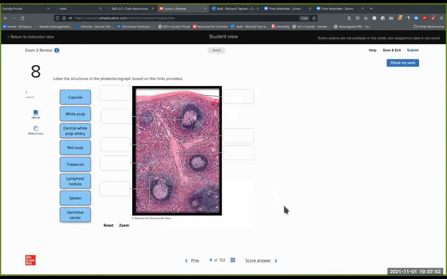Okay. We're not going to spend a lot of time on this, but let's just go through it real quick and label these. This would be called the white pulp. I think if you're going to be asked any structures on histology of lymphatic organs, it will just be what the organ is. All right. So there's a capsule. And let's see, central white pulp artery, I believe it's here.